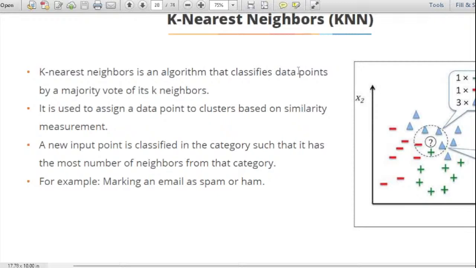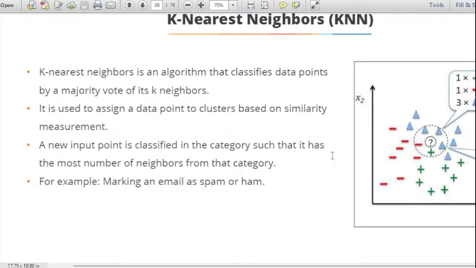So I will look at the 5 nearest neighbors of this question mark, and whichever category has the maximum number of data points, my new data point is also going to belong to that category. That's why it's called K nearest neighbors.